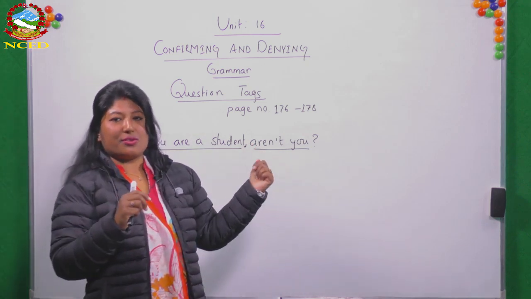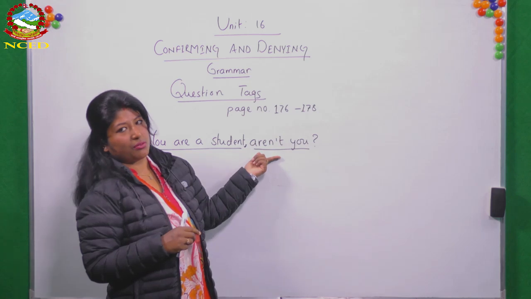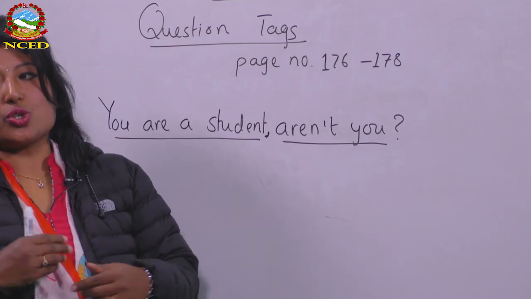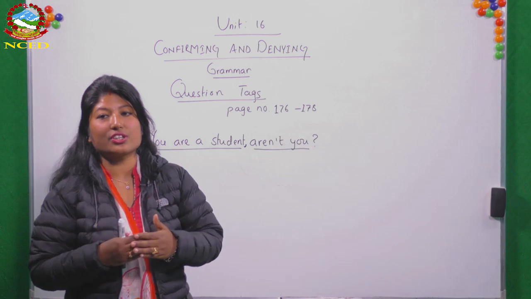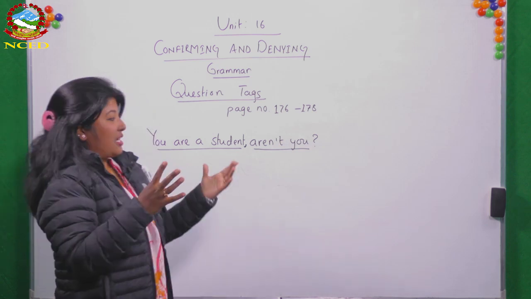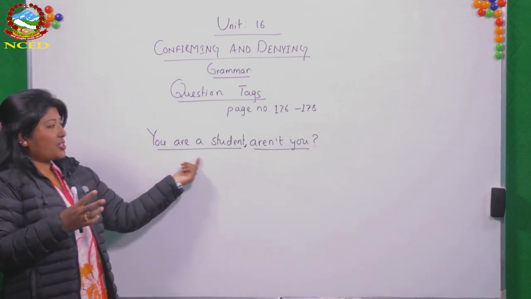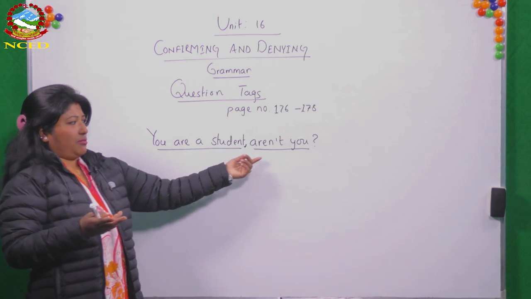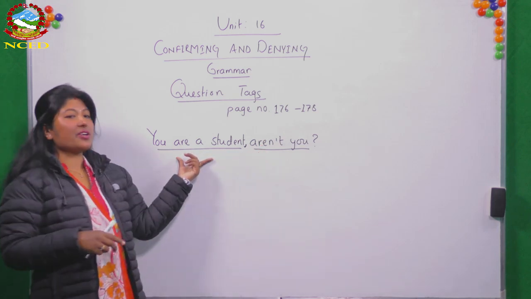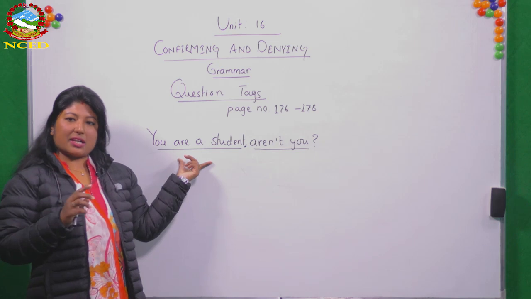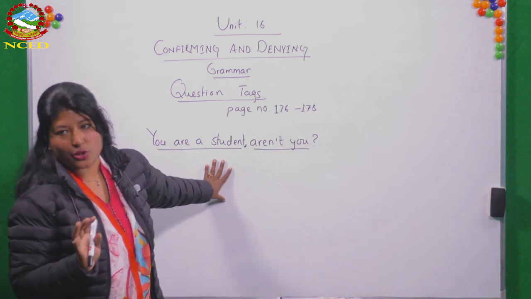Now, what's the purpose of tags? To confirm something. Okay? To confirm something, for confirmation. The speaker already knows that you are a student, then why make it confirm? Because the speaker knows it but is not 100% sure.